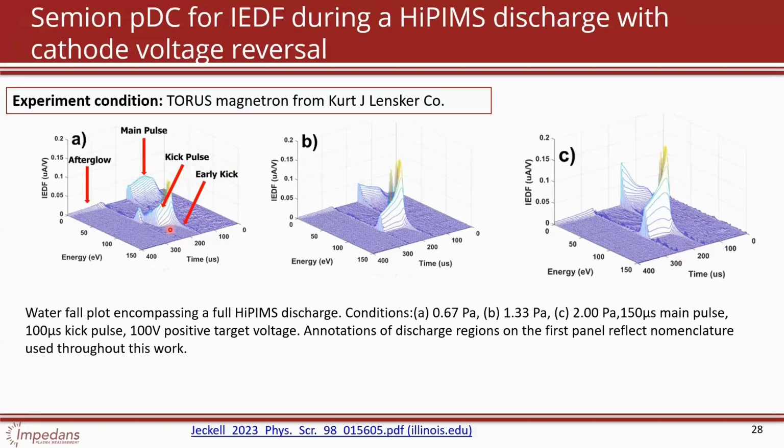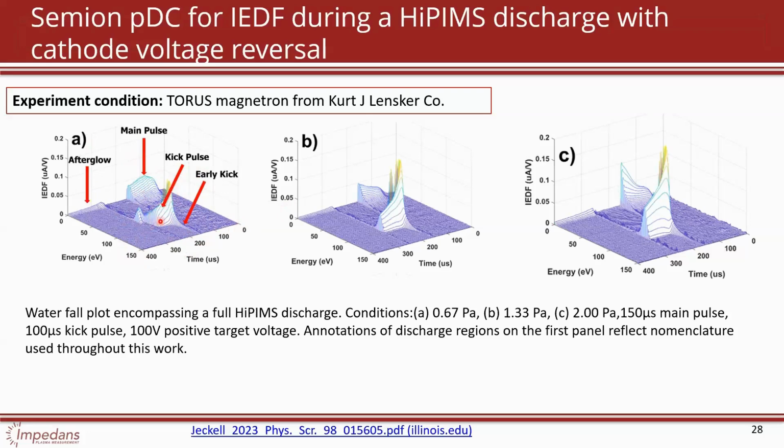Because sometimes what happens is you get this trapping: you create these ions, they're sputtered, but they're attracted back towards the target with the negative potential on it. So by then quickly switching to a positive kick, you can kick the ions down, and this is the same idea, these time resolved results, main pulse, and then the kick.